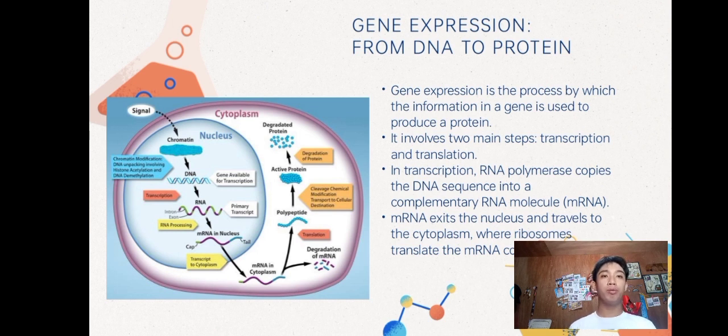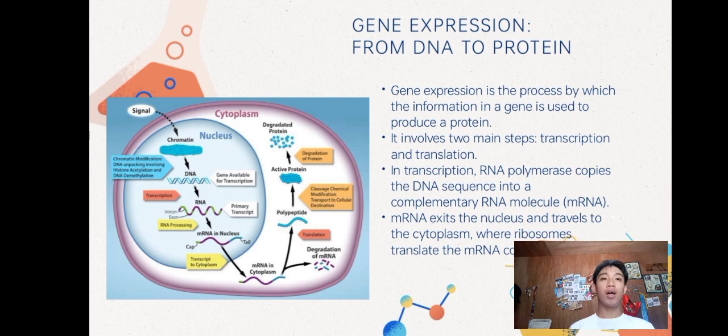The ribosome reads the mRNA sequence in groups of 3 nucleotides called codons. Each codon corresponds to a specific amino acid or a stop signal. As the ribosome moves along the mRNA, it catalyzes the formation of peptide bonds between the amino acids, resulting in the synthesis of a polypeptide chain which eventually folds into a functional protein.